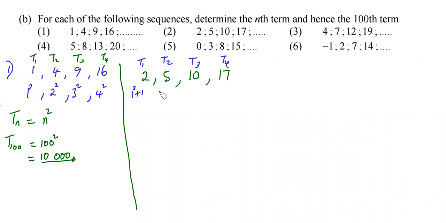If we say 2 squared plus 1, we get 5. 3 squared plus 1, you get 10. And 4 squared plus 1, you get 17. So in this case, whatever term we're looking for, the nth term, we're just going to say n squared plus 1. So our Tn here is going to be equal to n squared plus 1.